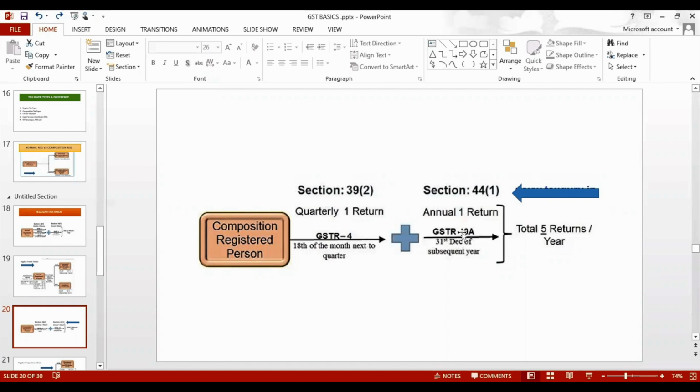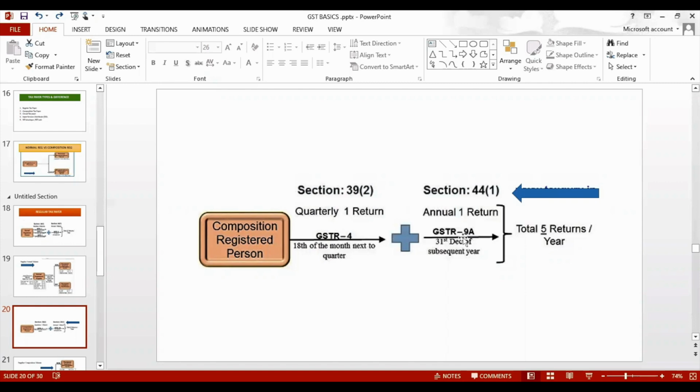Plus, annual returns are common for normal registration and composite registration. The form is GSTR 9A. The date is the same for normal and composite, 31st December of the subsequent year.